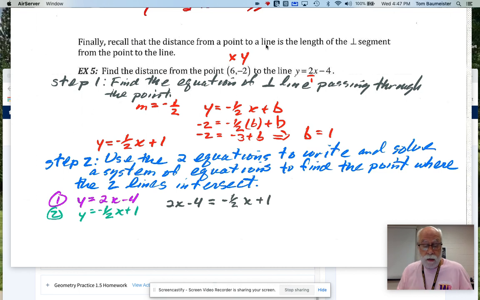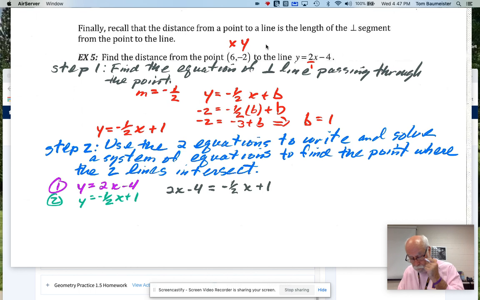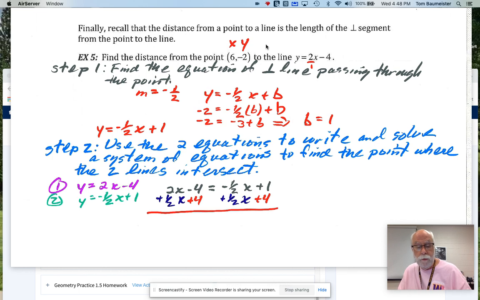Now let's just solve that for x. All right, so what we're going to do is let's go ahead and add 1/2 x to both sides. And at the same time, let's go ahead and add 4 to both sides. You'll see that I'm still going to get the same thing. So I will get that, well, 2, remember 2 I can write as 4/2.